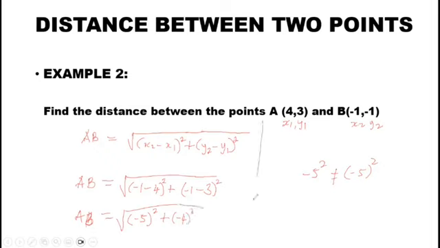So when we simplify this, then we have our expression as AB equal to the square root of 25 plus 16. So AB is equal to the square root of 41. That is 25 plus 16.